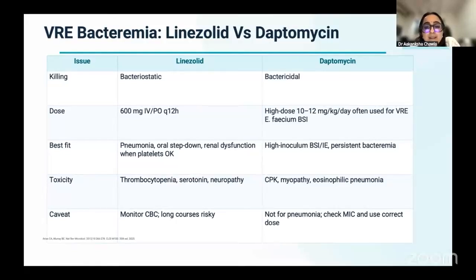Daptomycin is bactericidal, high dose of 10 to 12 mg per kg for VRE and faecium bloodstream infection. You need to monitor the CPK levels, look for myopathy, and monitor these patients, especially if you're giving them a prolonged course. It's not a drug for pneumonia, so do not use it in patients with pneumonia.